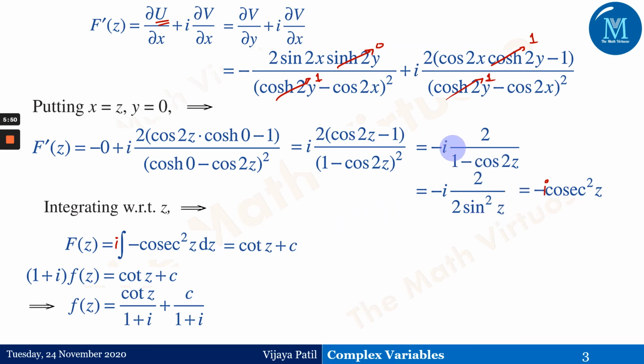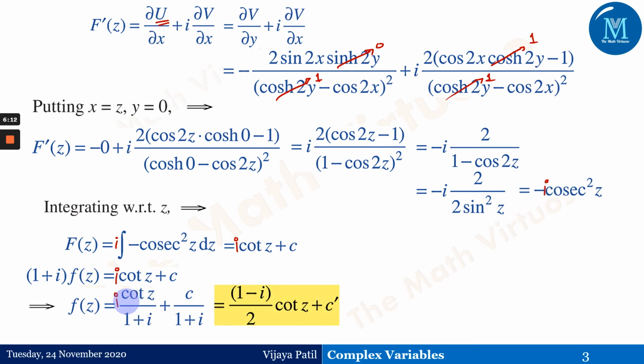This i will not move anywhere, so this i will remain as it is here. So it's minus i cosec squared z, and I am having this i here as well. So please make the changes here. This is i and i here, because I forgot to put the i over here.